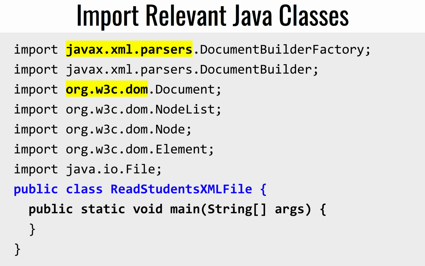DOM stands for Document Object Model. So once you parse this ASCII XML into memory, we generate an object representation of it in memory, and this representation in memory is referred to as the DOM, the Document Object Model.